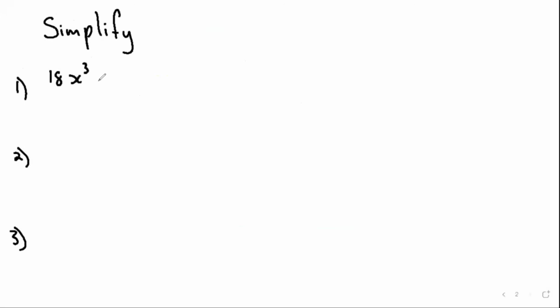So let's see if we could simplify a few. Simplify number 1, 2, 3. So number 1, let's say we end up with 18x cubed y squared divided by, let's say, 10x squared y squared.